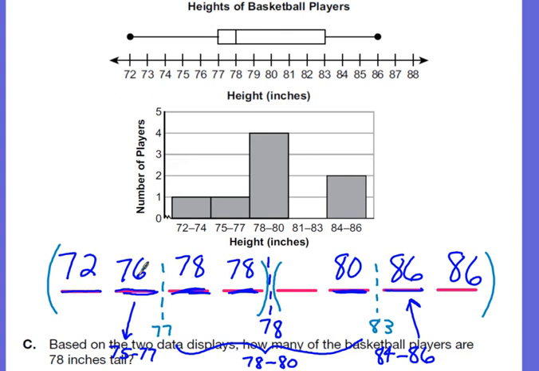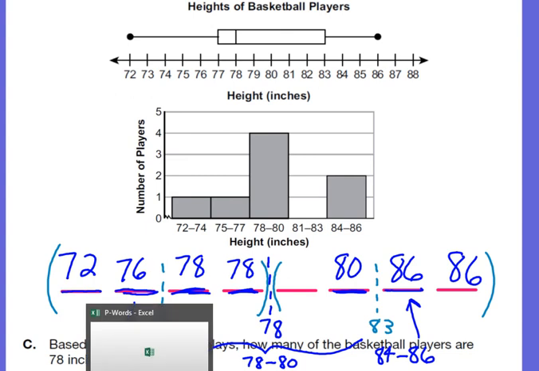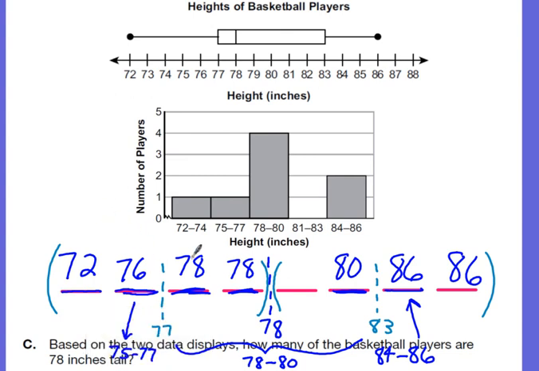That makes sense, doesn't it? If it doesn't make sense, ask me in class. So that's one left, and we can figure that out pretty easily. If that's got to be a 78 and that's got to be a 78, what would have to go here in order to make sense with the overall median being 78? Well, 78.